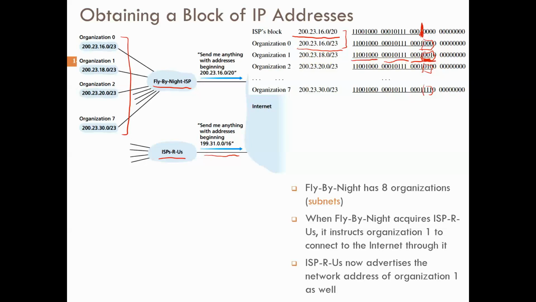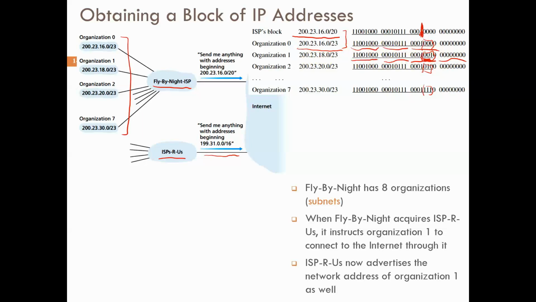You take the third block of 8 bits, convert it to decimal, that's 18. And the final one is 0. For organization 0, this is 200, this is again 23, and if you convert this to decimal, it will be 16. That's why the address is different between organization 0 and organization 1, because the subnet ID, the 3 bits after the 20th bit, is different.